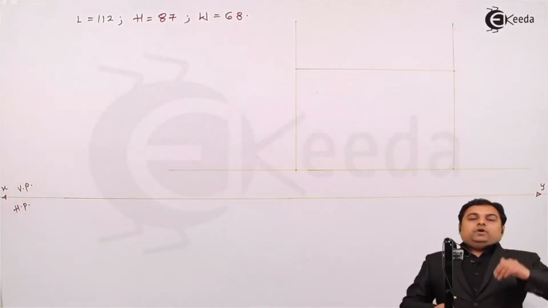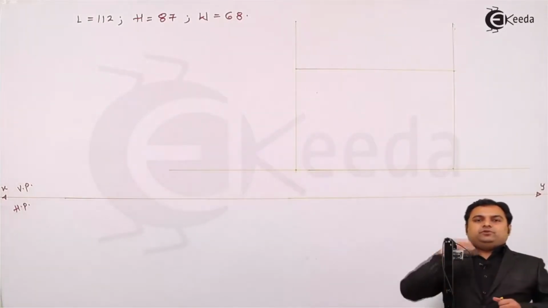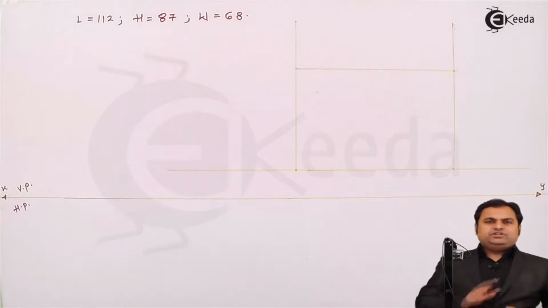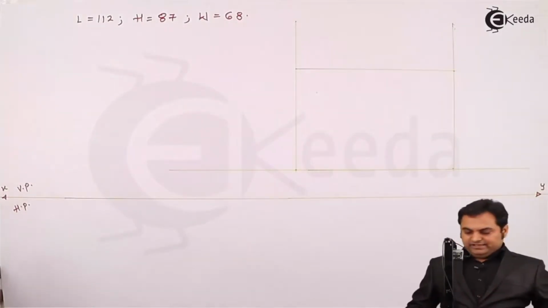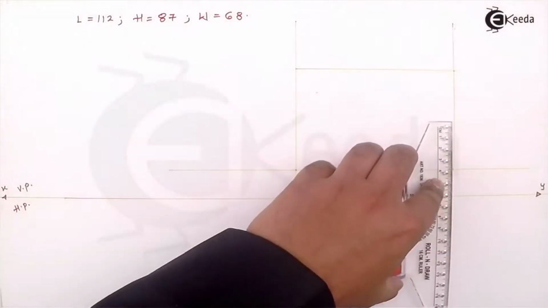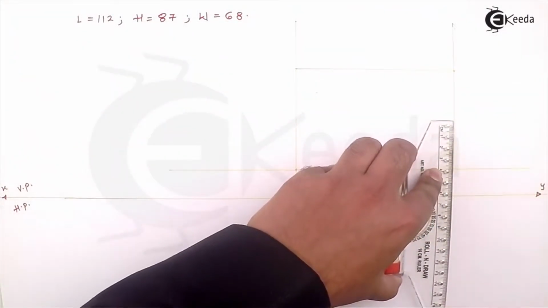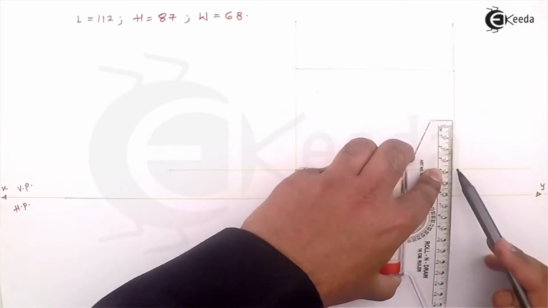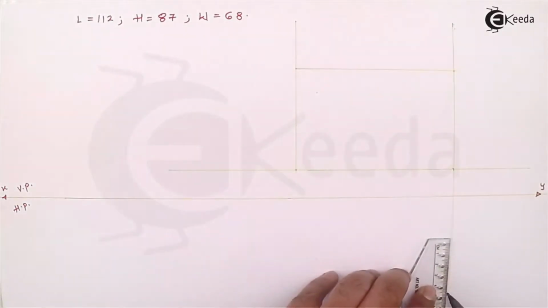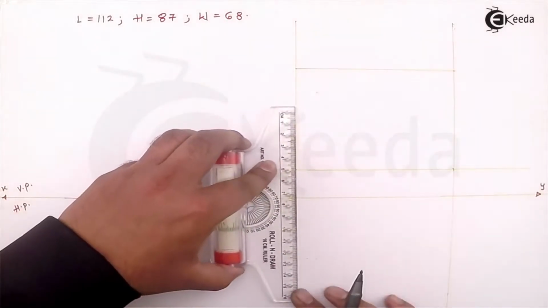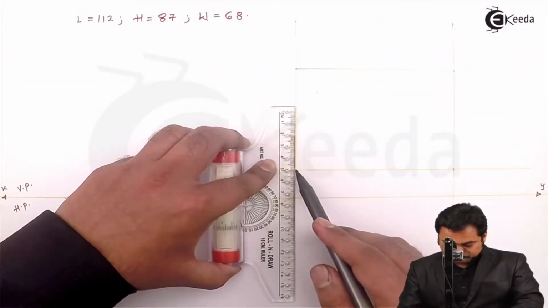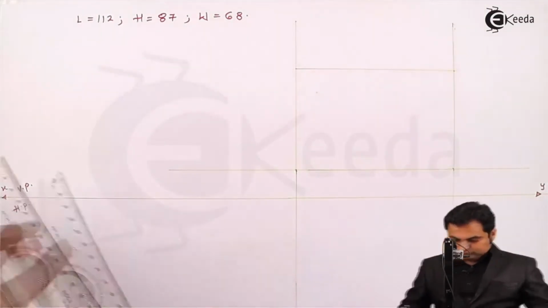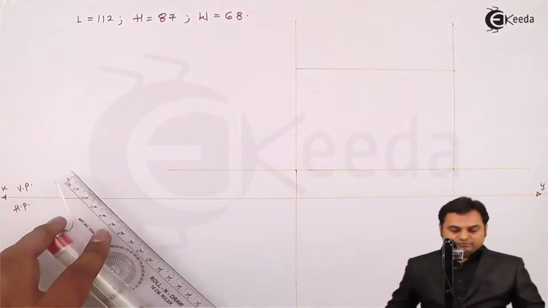Next, when we are looking at any given object from top, the height of that object is not visible. So only length and width would be visible. Length, I can take from the front view. So length I have taken from the front.